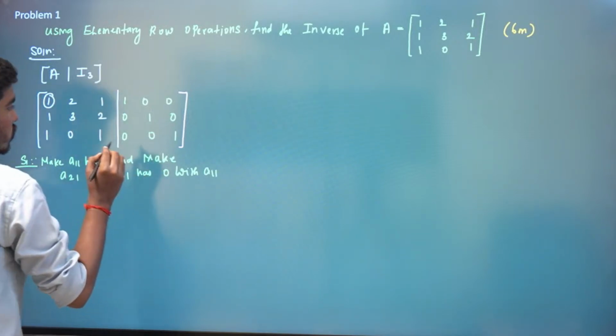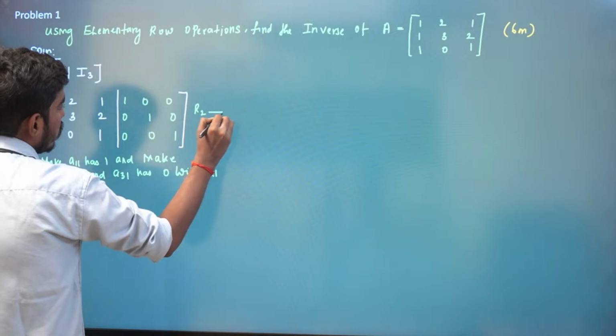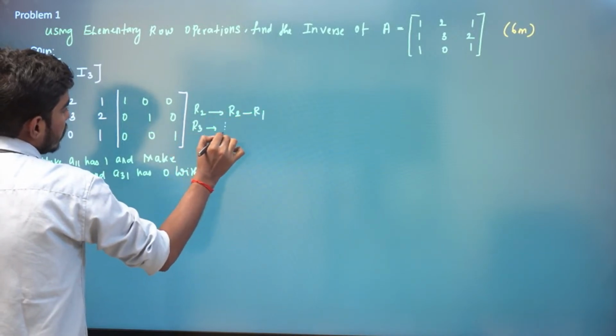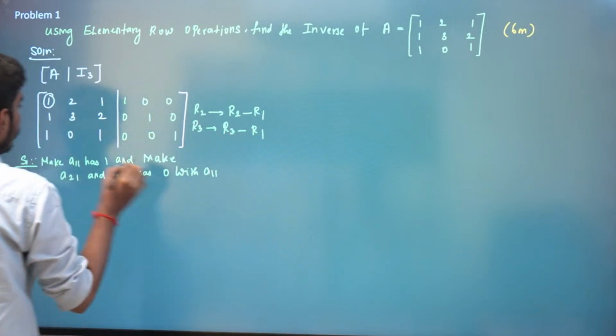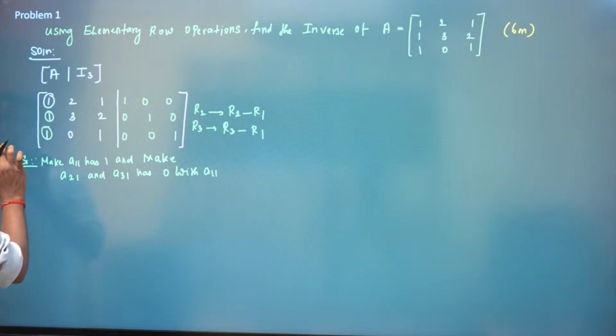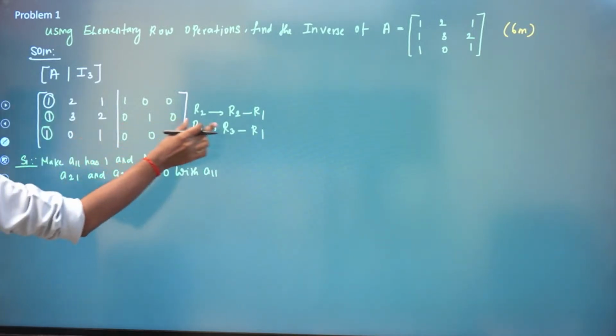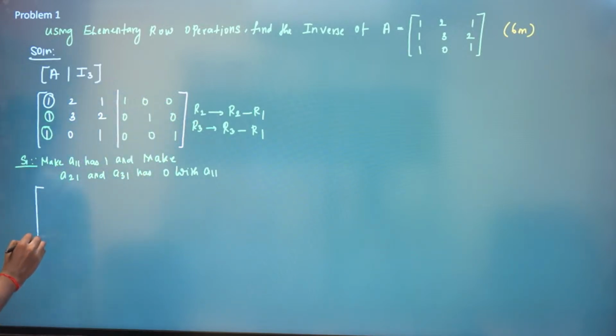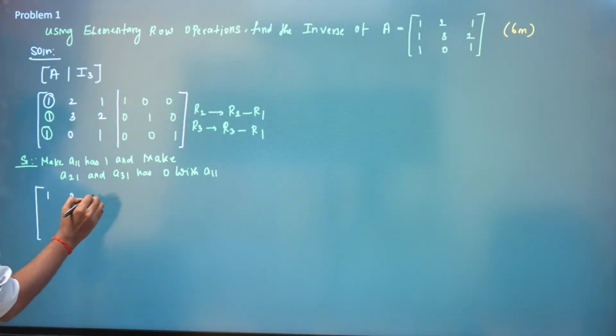So what we'll do is, we will make a transformation. R2 is transformed to R2 minus R1. R3 is transformed to R3 minus R1. I'm making these two 0 with the help of A11. This operation I'm applying here, I have to apply here also. So the new matrix will be 1, 2, 1.